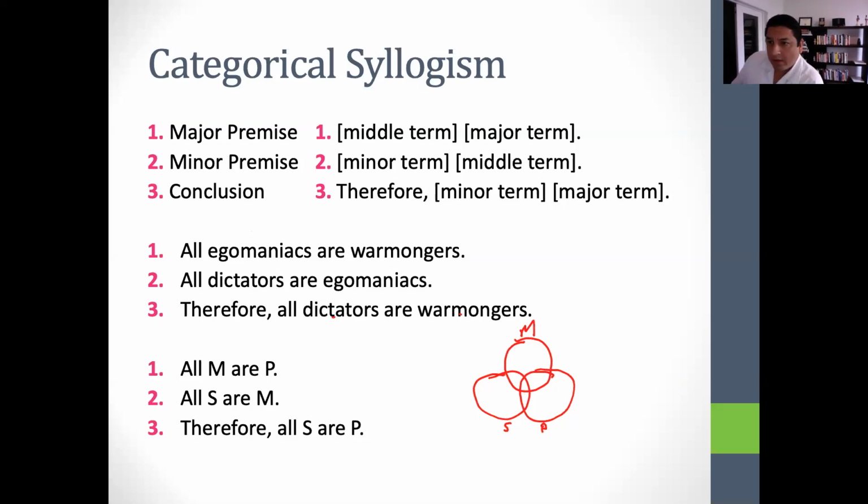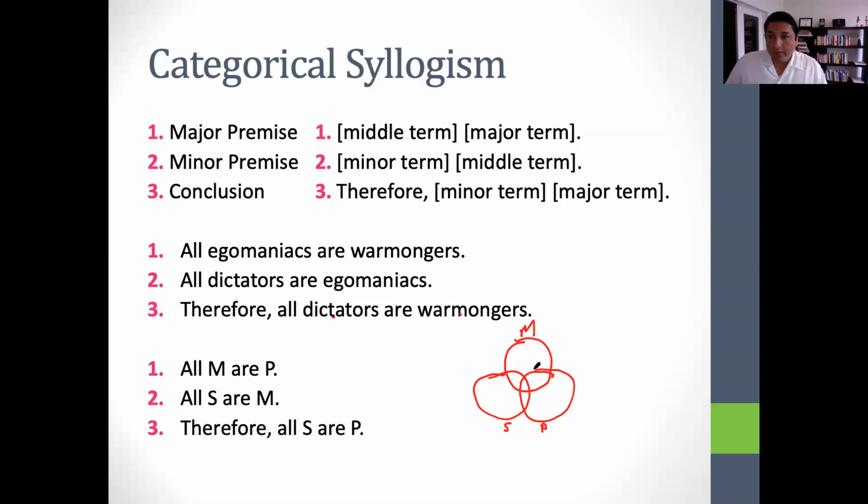Now, the way to test this is that you're going to fill in the information represented by the content in the premises, and then you're going to compare that information with the content in the conclusion. If the content of the conclusion is contained within the information in the premises as diagrammed out in the Venn diagram, then it's a valid argument.